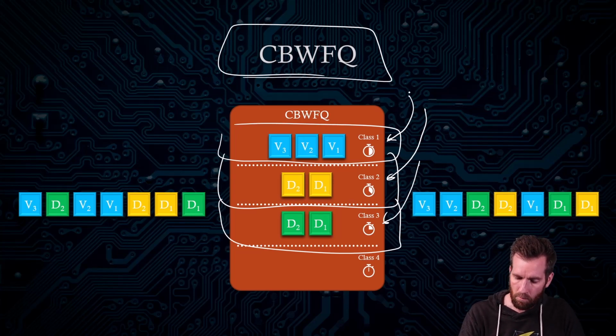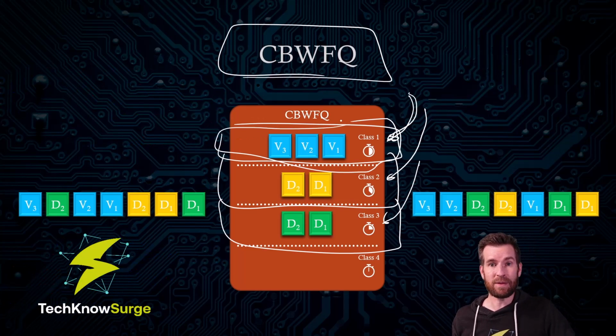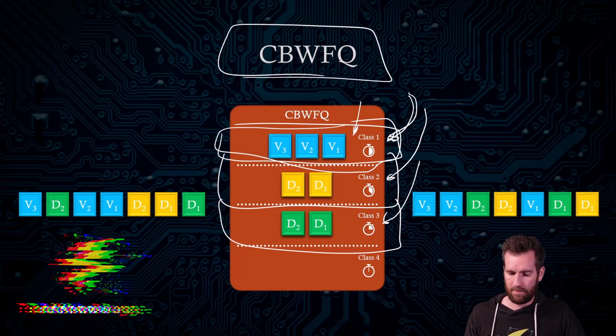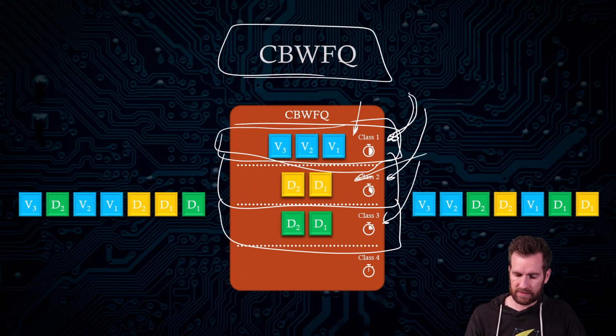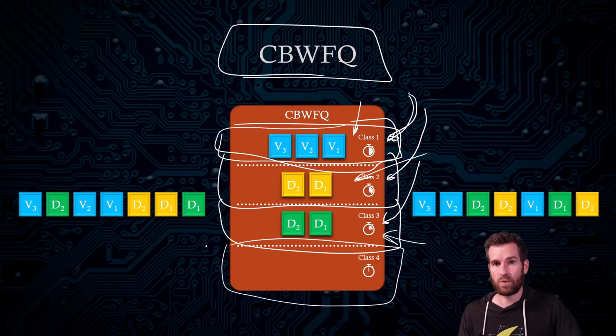So we are giving more bandwidth to this voice data right here. The idea behind it is more bandwidth means that there probably is going to be less delay for this voice data. And then we've given a little bit less for this type of data, and a little bit less for this type of data. And this last one we've just said is best effort. It's going to be the first one to get dropped if there's any contention in the system.